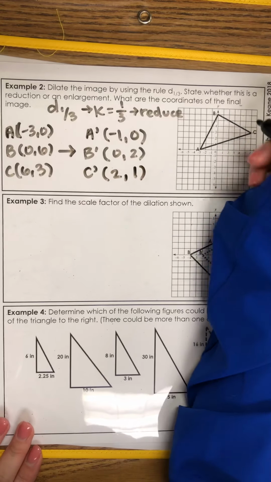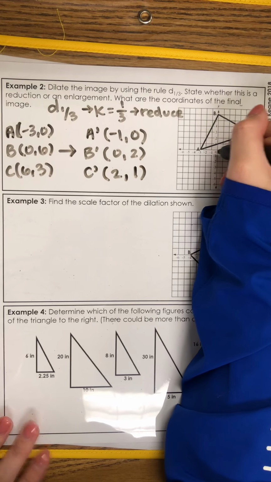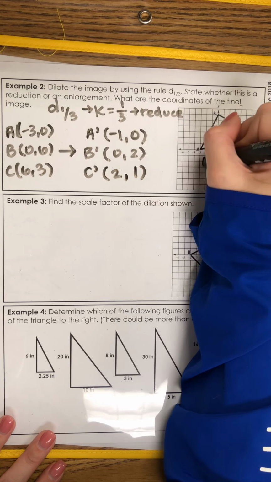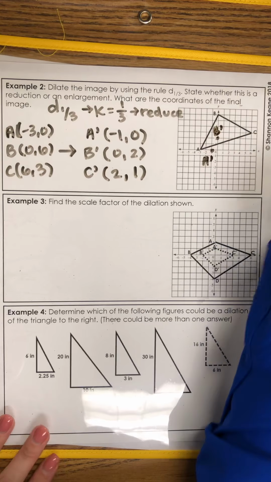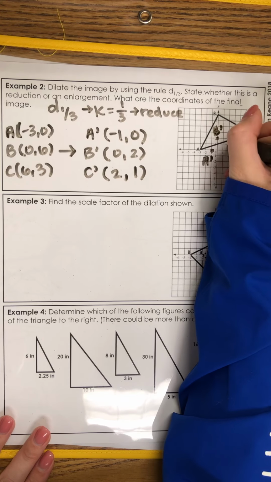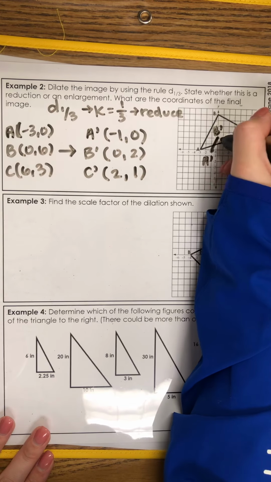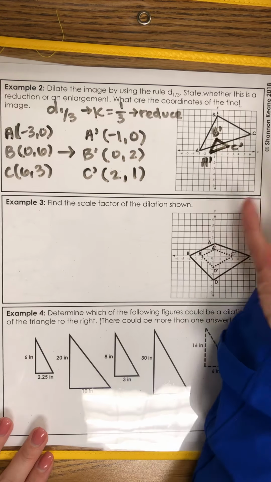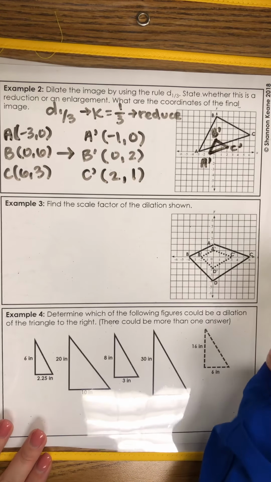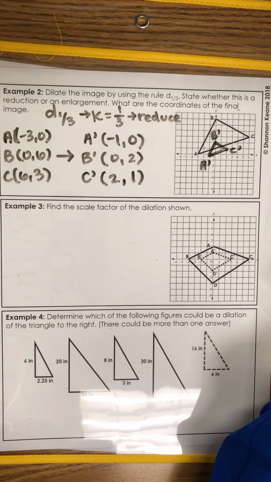We can then plot these points to see our transformed final image. So A prime is at -1, 0, B prime is at 0, 2, and C prime is at 2, 1. So we still have our same triangle, but now it is 1/3 the size of the original.